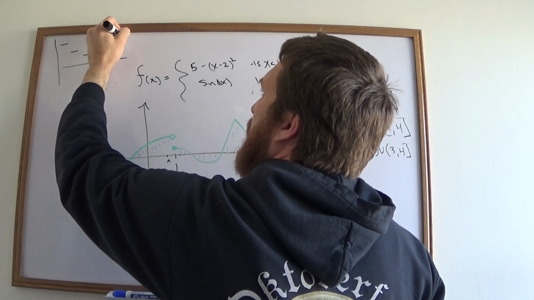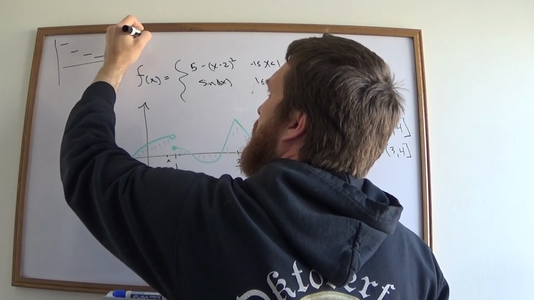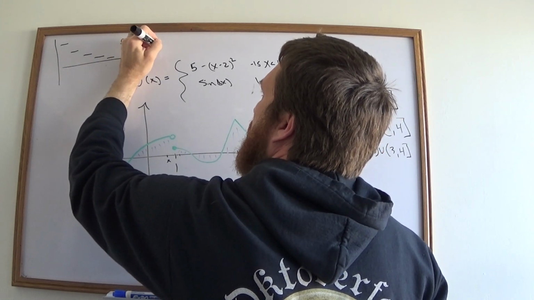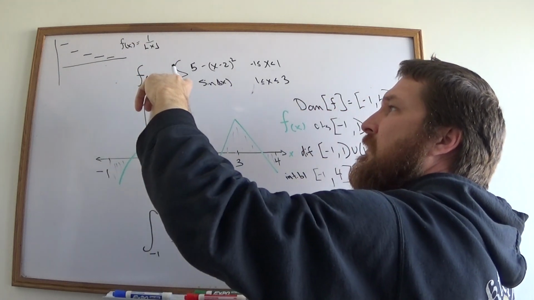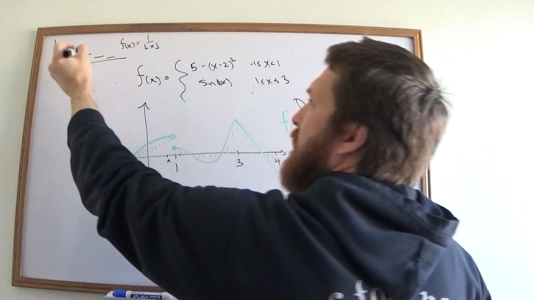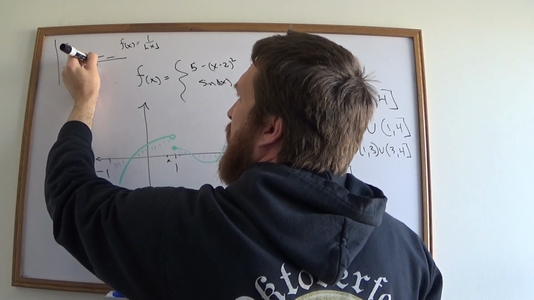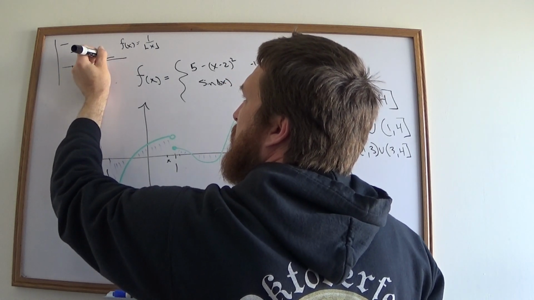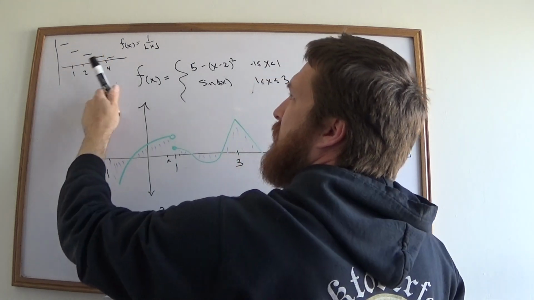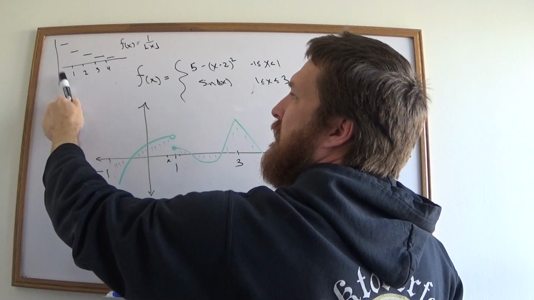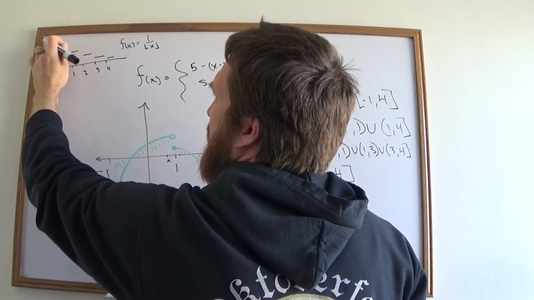Right, so f of x is 1 over the floor of x, which is the lowest integer. So when it's between -1 and 1, it would be 0, so it's not defined there.